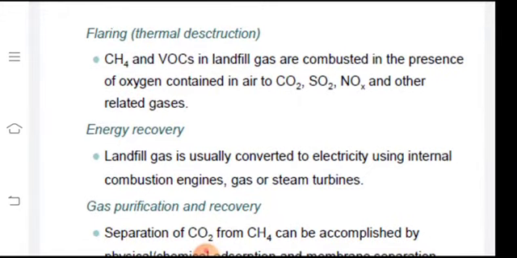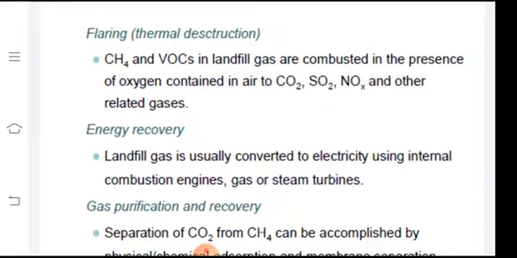In the end, what we got from the decomposition process is CH4 and volatile organic compounds, and these are finally released, and then burnt in open air. It is the flare normally observed at the top of the stacks.